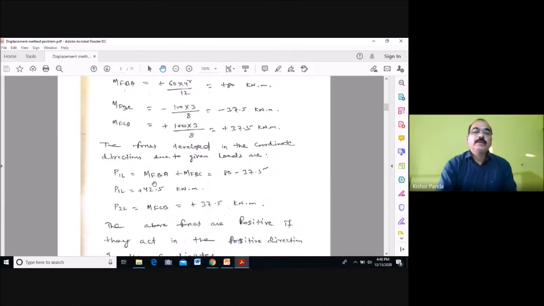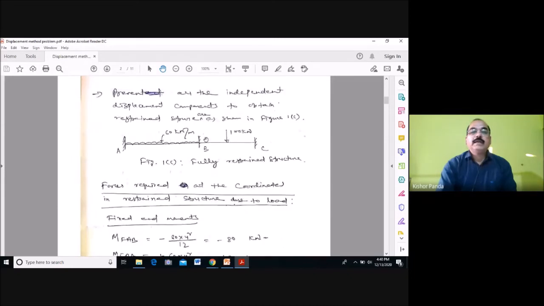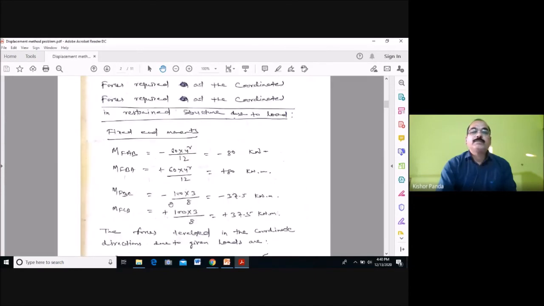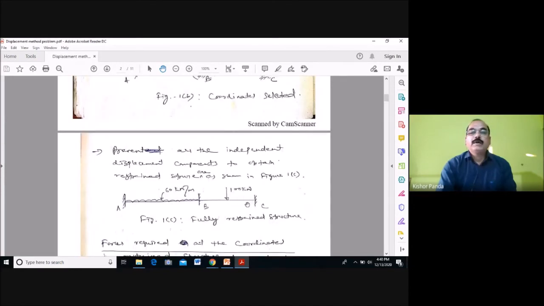So P1L is equal to MFBA plus MFBC, with MFBA on this side and MFBC on this side. This is the force P1 acting here, due to the load: P1L and P2L. P2L is equal to MFCB, the fixed end moment here.